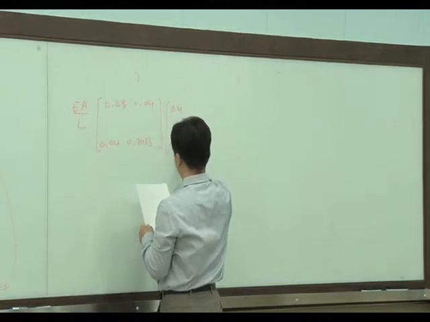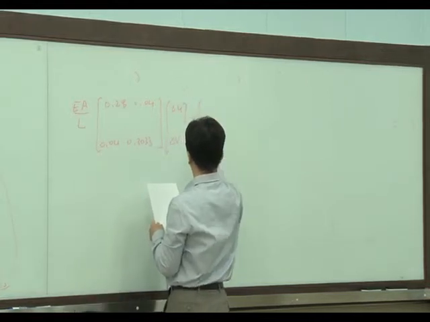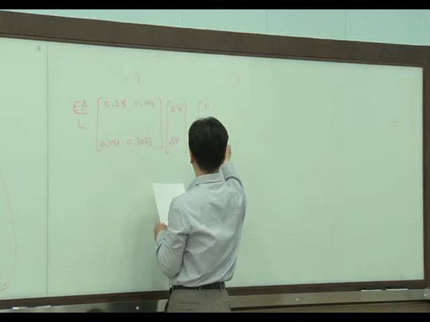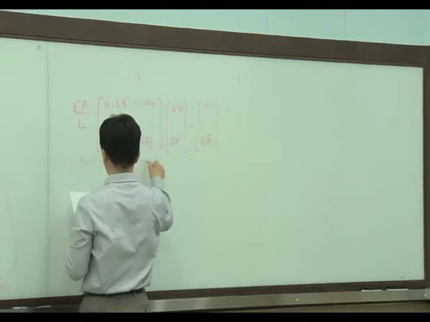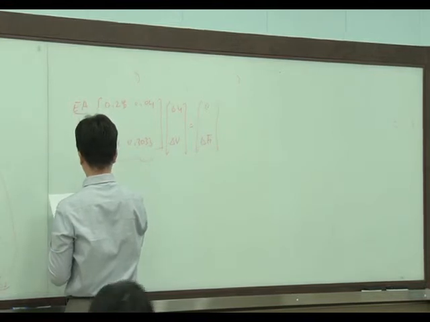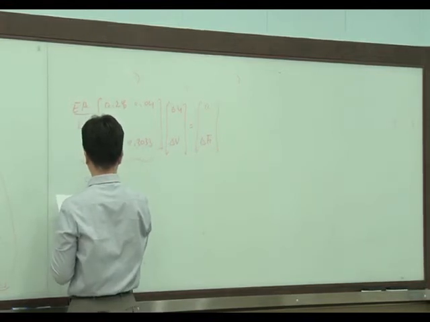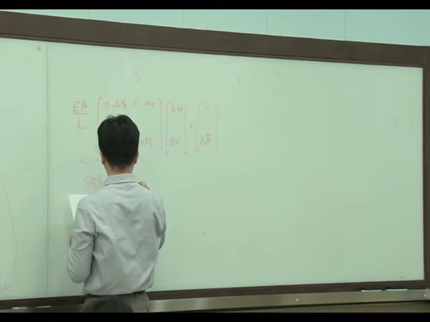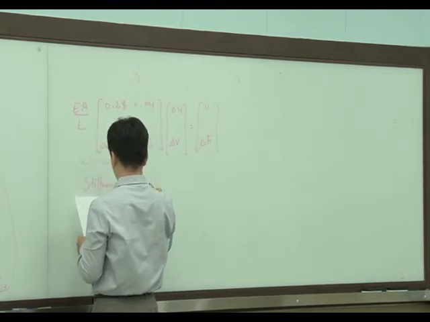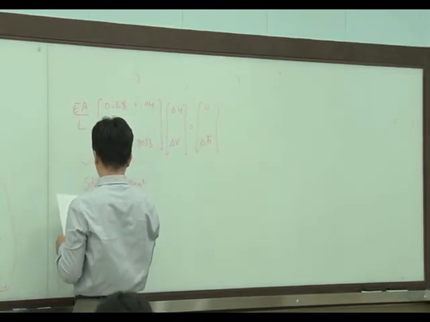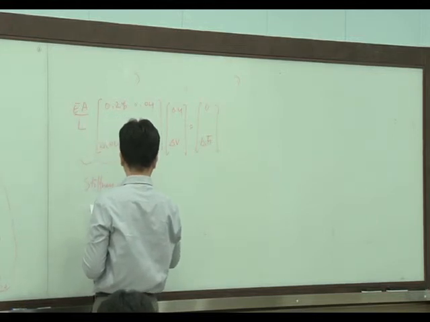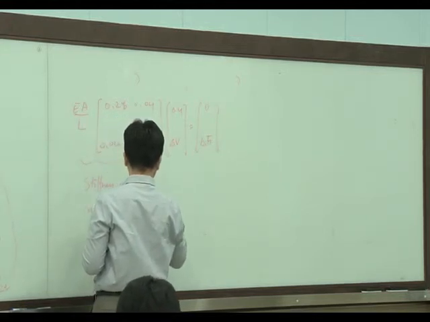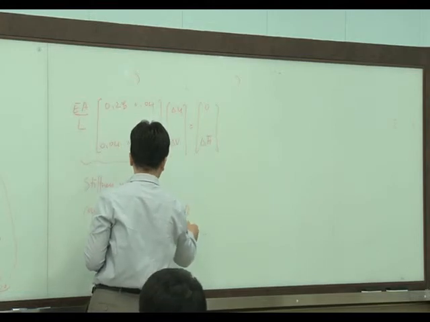Delta U, delta V, 0, delta F. So this is the stiffness without the contribution of member 2. This is important.